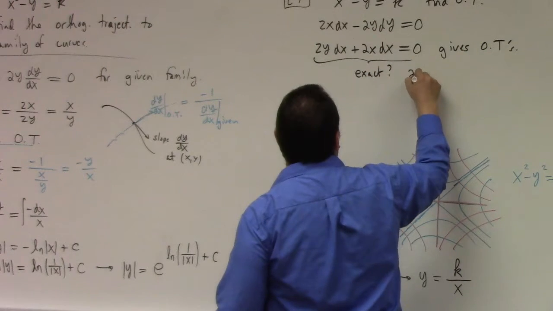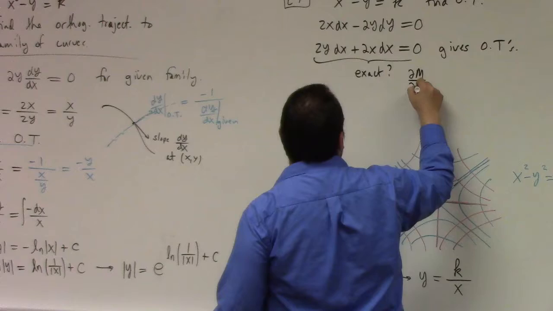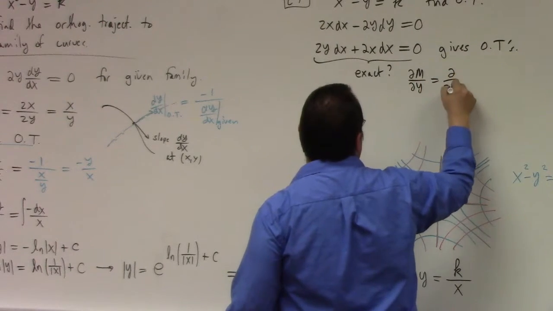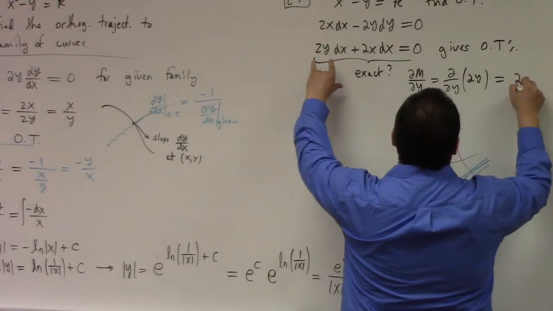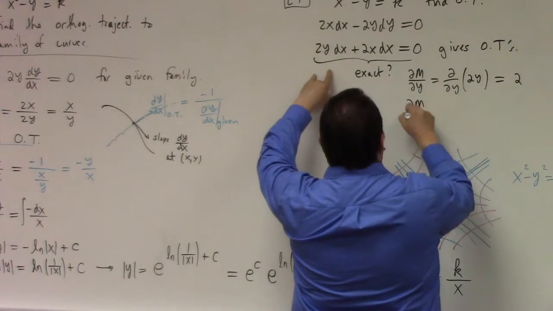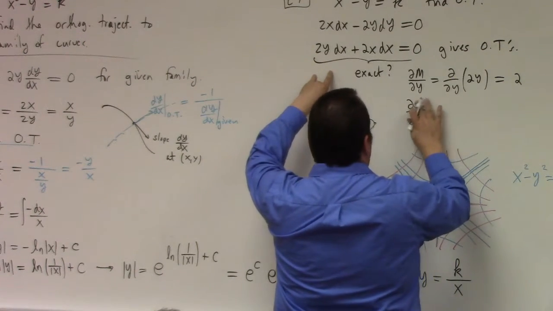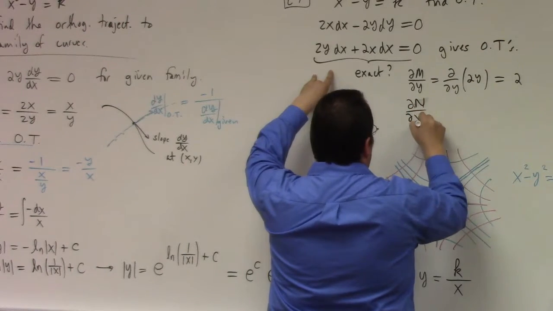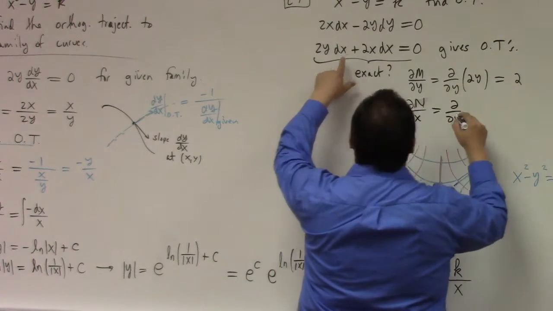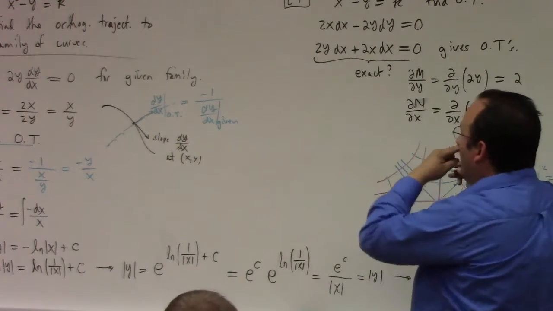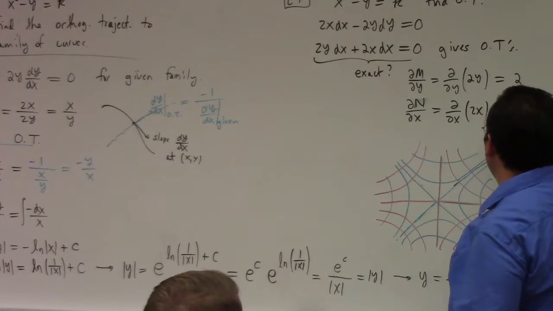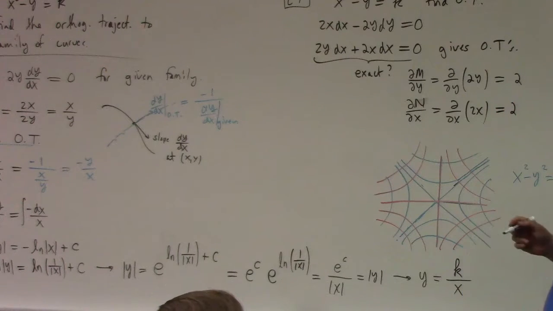What's partial M, partial y? It's partial y of what? 2y, which is 2. What's partial N, partial x? It's partial x of 2x, right? And that's 2. Hey, it's exact. What's the level function?